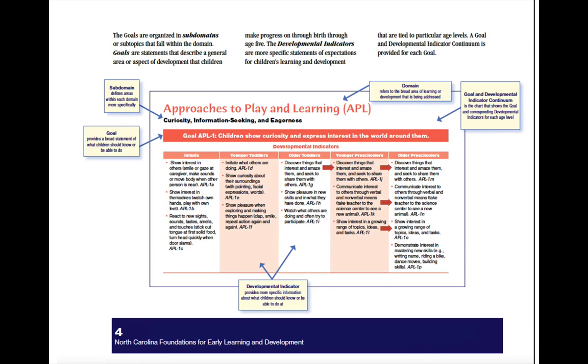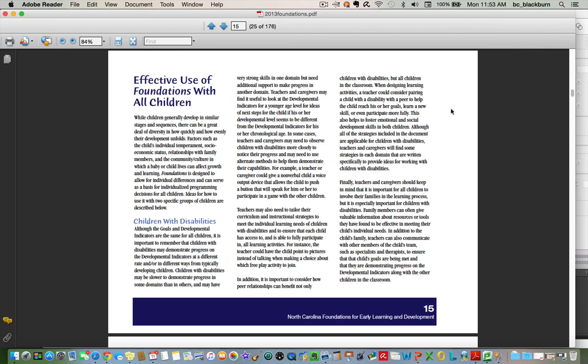We have infants, younger toddlers, older toddlers, younger preschoolers, and older preschoolers. You'll see all those different developmental indicators. It provides more specific information about what children should know or be able to do at that specific age range. So that's how each of them is laid out.